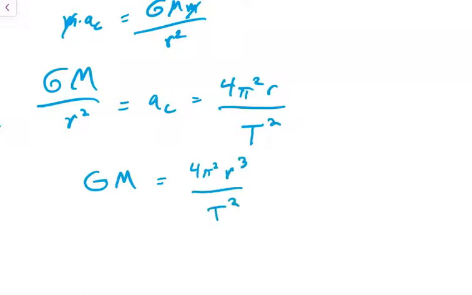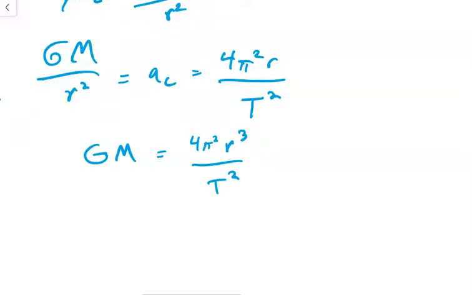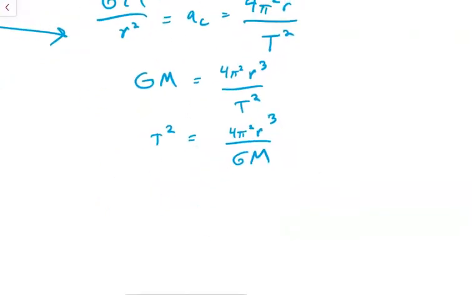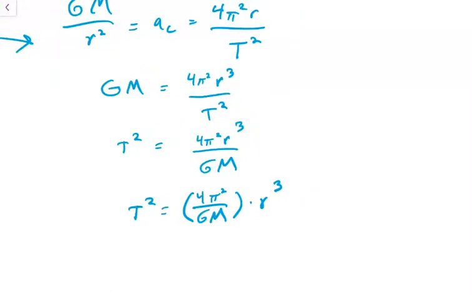And then I'm going to multiply my T squared over, and divide by G M. So I get T squared is equal to 4 pi squared r cubed over G M. And this is our end goal. We have T squared is equal to something times r cubed. We get 4 pi squared over G M. And this is Kepler's third law.